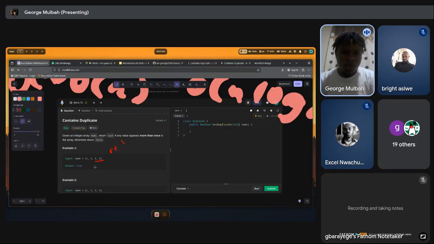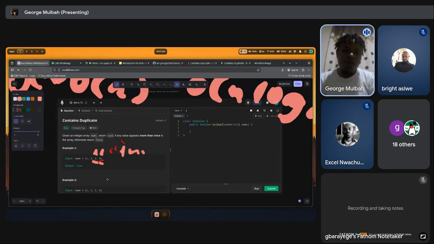My pen is misbehaving. But what he was saying is if you sort the array, you have 3 here and you have 3 here. You can compare the 3 at this position with the 3 at this position. If both of them are the same, you can return true, that you are seeing a duplicate.